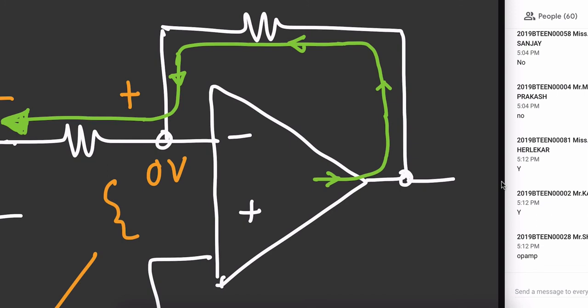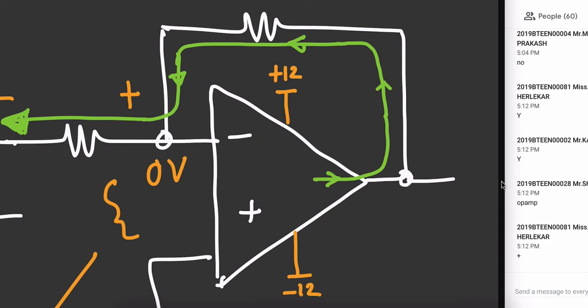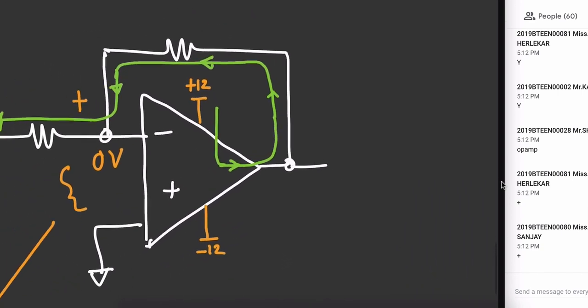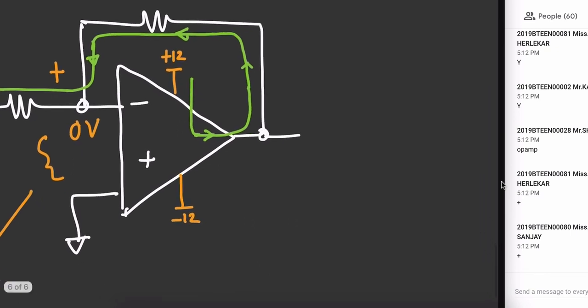Okay. Now it has to come from the minus supply or the plus supply. Which one will it come from? Plus. So it has to come from the plus supply. Okay. Now we'll go to the battery. We'll draw the batteries.